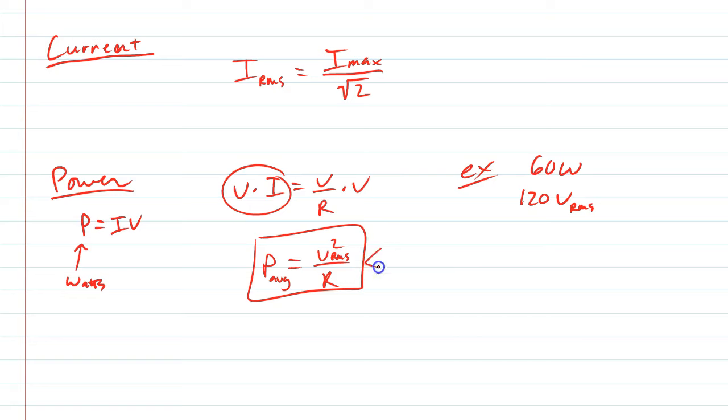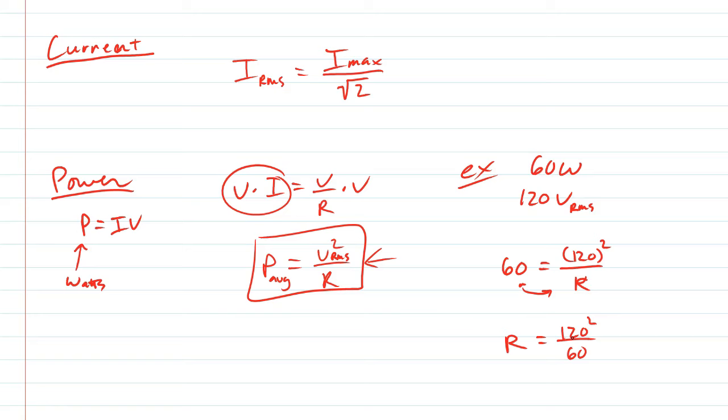So we can actually use this here to figure out what is the ohms rating on this light bulb. So we have a 60-watt light bulb. The root mean square is 120 squared. And then we have the resistance. I'm going to flip these two, a little math trick by cross-multiplying, basically.